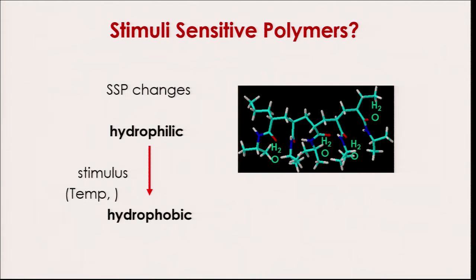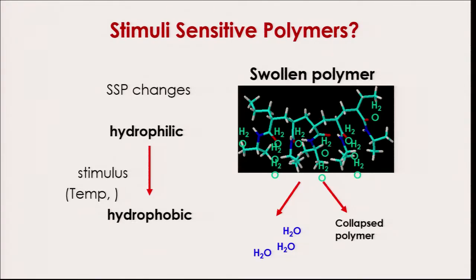If we have a cross-linked polymer from the same monomer, then below the transition temperature, the polymer would be in a highly swollen form, kind of a gel form. It would have a large amount of water trapped inside the structure, and above the transition temperature, it would release all the water and the polymer will become collapsed.